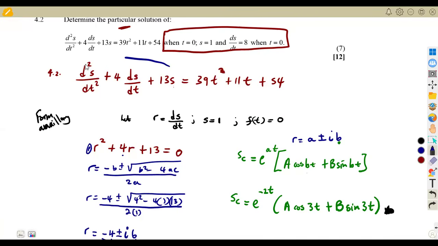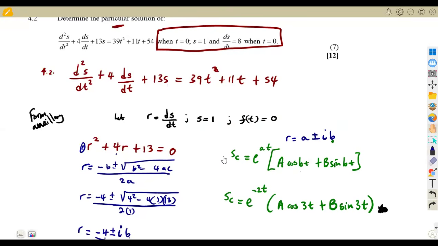In order for us to substitute, we must have a second derivative of s with respect to t, from the particular, where we take this s representing our particular integral.